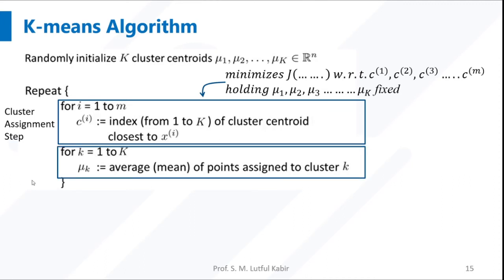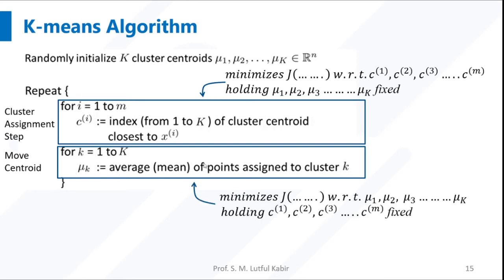Similarly, the next step is the movement of centroid, and here also the objective is to minimize the distances. So we can call this that it minimizes the cost function with respect to mu1, mu2 up to mu k holding c1 to cm fixed. While we are executing this one, we are not moving the association. In the previous step, we fixed the association, and once the association is fixed, you change the average position, and that will minimize the cost function.